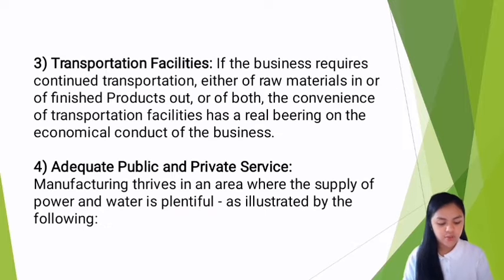So third is the transportation facilities. If the business requires continued transportation either of raw materials in or finished products out, or of both, the convenience of transportation facilities has a real bearing on the economical conduct of the business.